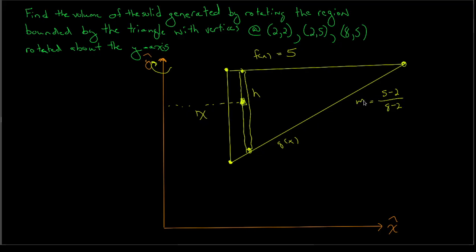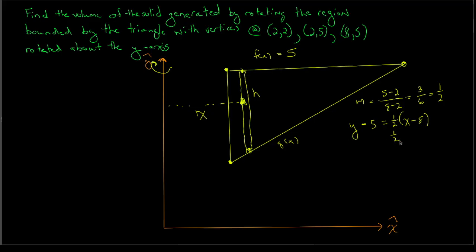Is 3/6 or 1/2. So this line has a slope of 1/2, and using our point-slope formula, y minus 5 equals 1/2 (x minus 8).